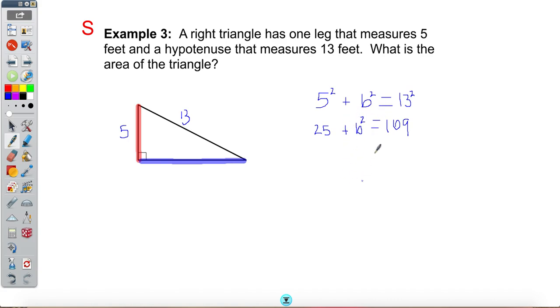Now, we have to get b by itself to find out what it's equal to. So the first thing we're going to do is take away 25 on both sides. That's going to get b squared by itself, and that's going to be equal to 144.